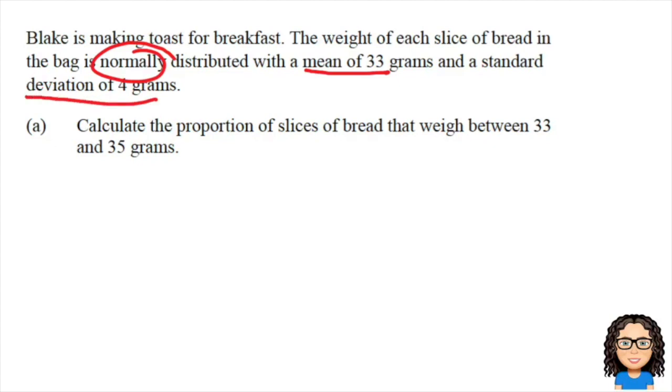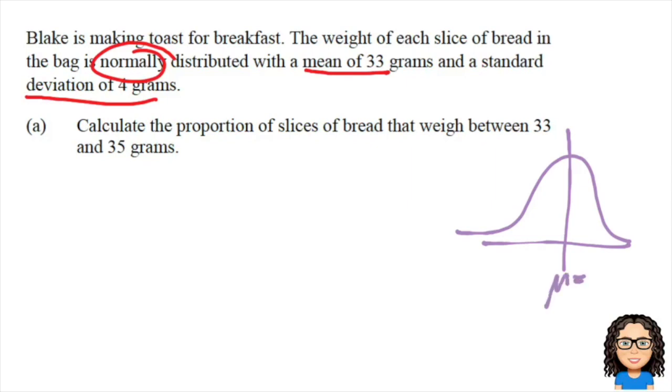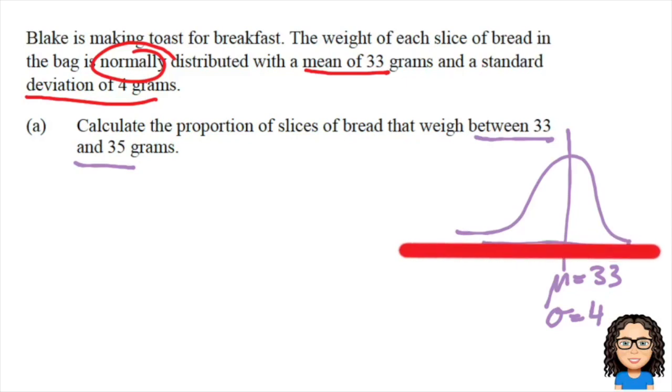Okay, so before I even go and do anything else, I'm going to draw myself a very quick little diagram, and in the middle I'm going to put my mean of 33 grams and my standard deviation of 4 grams. Now I'll look at the question. Calculate the proportion of slices of bread that weigh between 33 and 35 grams. Across the bottom is my x-axis.